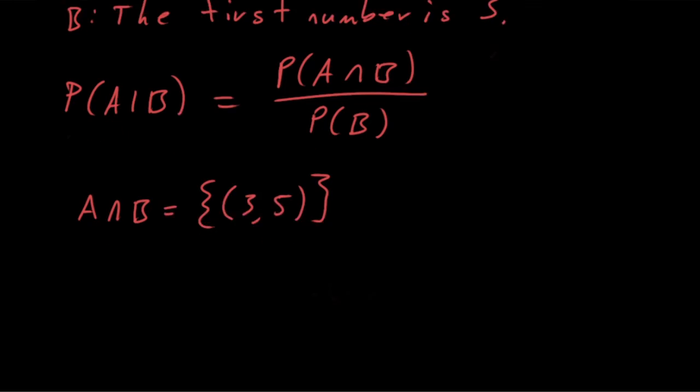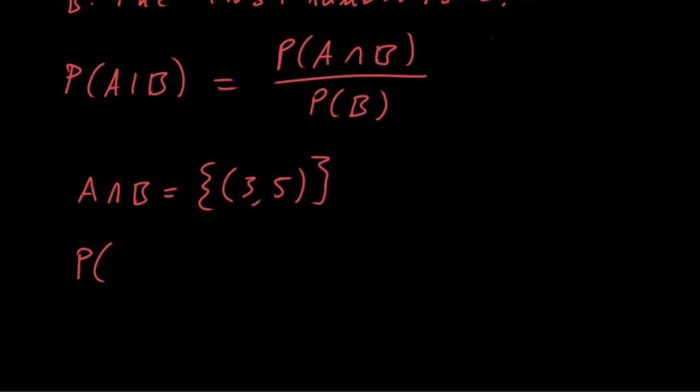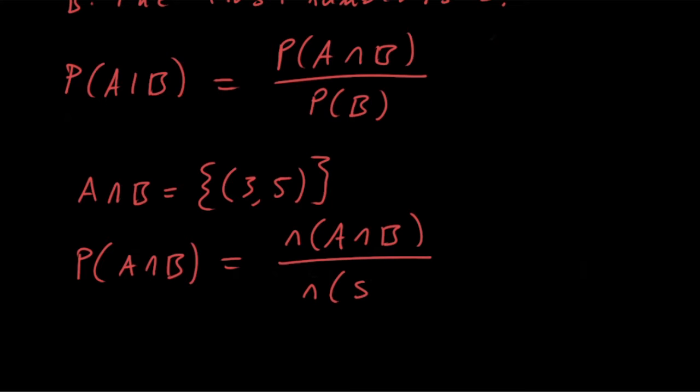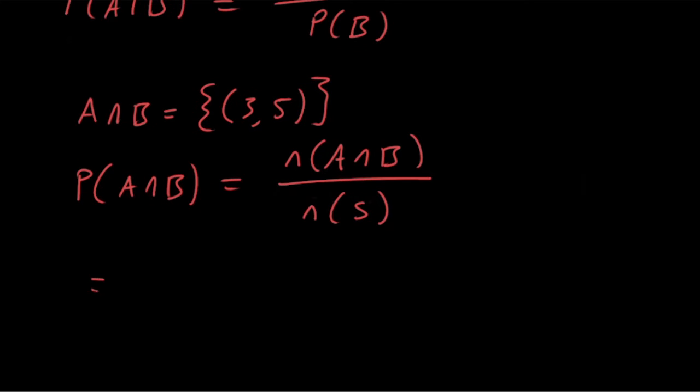So remember, the probability of A intersection B is equal to the number of elements in A intersection B, which in this case is 1, over the number of elements in our sample space. In our sample space, remember there's 2 dice, right?